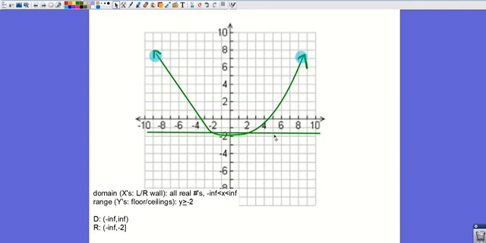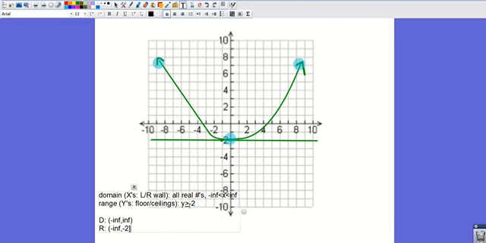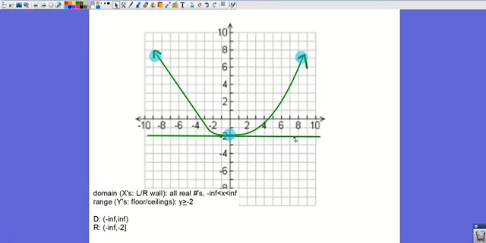However, is there a floor? The answer is yes. It stops at -2, right at this point, and then it goes up from there, which means greater than. So it has a floor of -2. That's how I got this -2 right here.